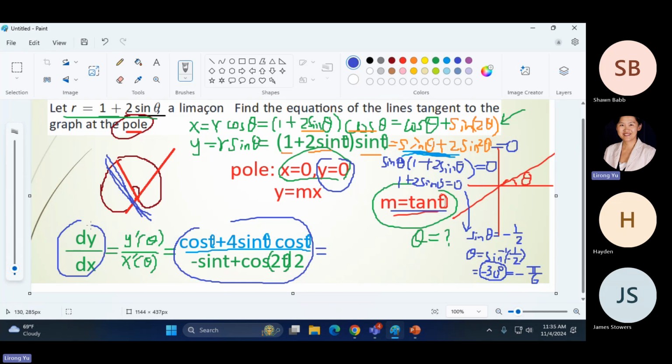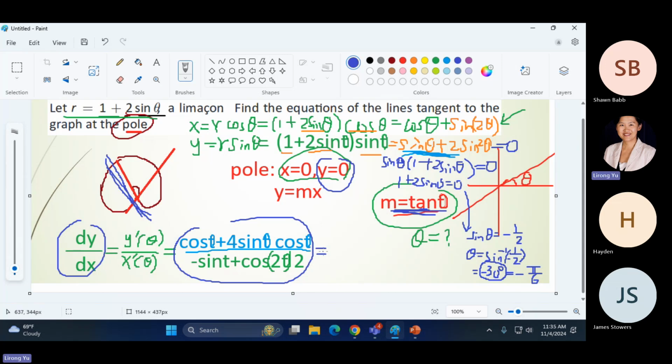Or you can plug in over here, plugging theta equal to negative pi over 6 into cosine negative pi over 6 plus 4 sine negative pi over 6 and cosine and so on. So using dy dx, you can calculate the slope. Using the tangent theta, you can also calculate the slope. But this is definitely easier.